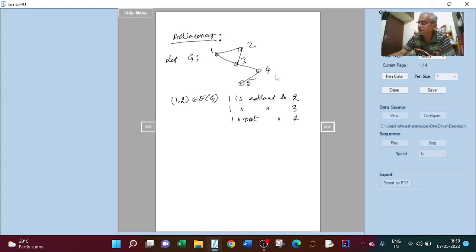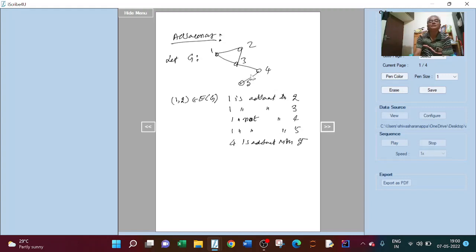Is 1 adjacent to 5? No, because there is no edge joining 1 and 5. So 1 is not adjacent to 5. And 4 is adjacent to 5.